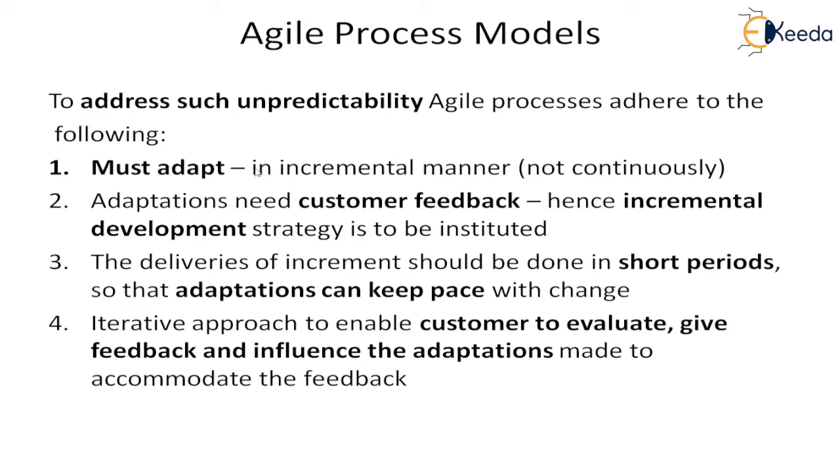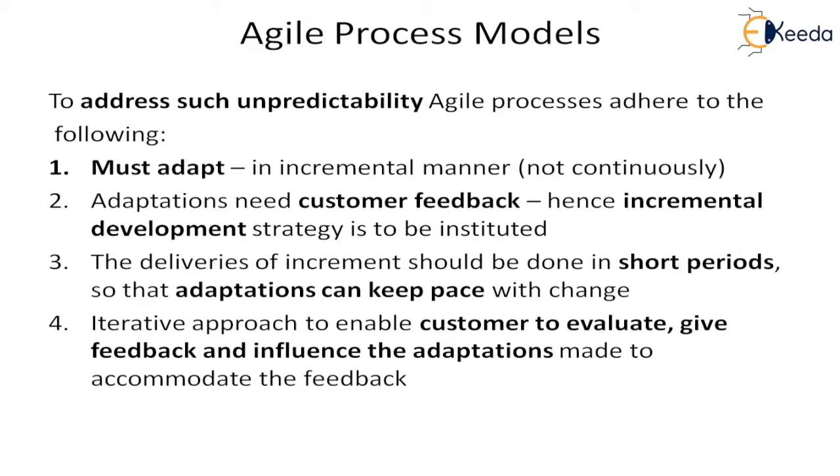They must adapt not continuously but in an incremental manner, because if they adapt continuously, then there will be instability. The project will not progress because they are only adapting, they are not progressing. So incremental adaptation is one of the ways they address the unpredictability.